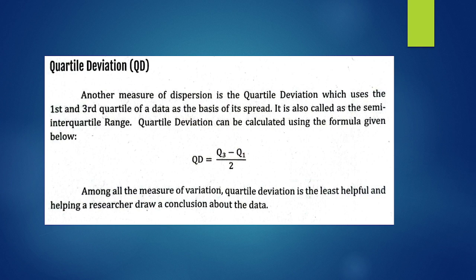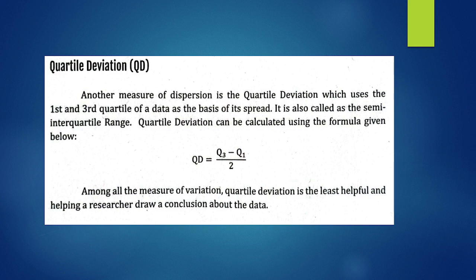So another measure of dispersion is the quartile deviation, which uses the first and third quartile of the data as the basis of its spread. So it is also called the semi-interquartile range. So QD or quartile deviation can be calculated using the formula given below.